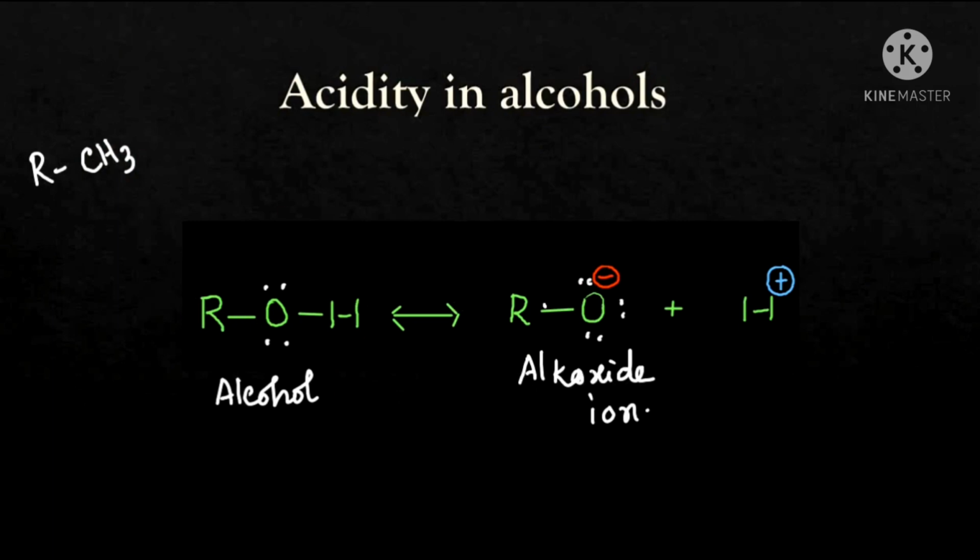Unlike the phenyl ring, these alkyl groups are electron donating, so they do not help in the easy removal of hydrogen. The alkoxide ion is not resonance stabilized. These are the reasons why alcohols are much less acidic as compared to phenols.